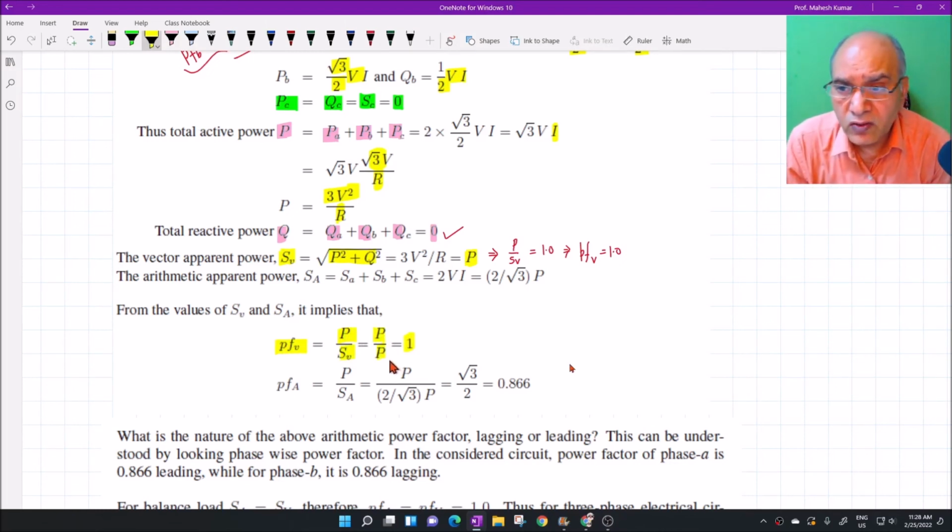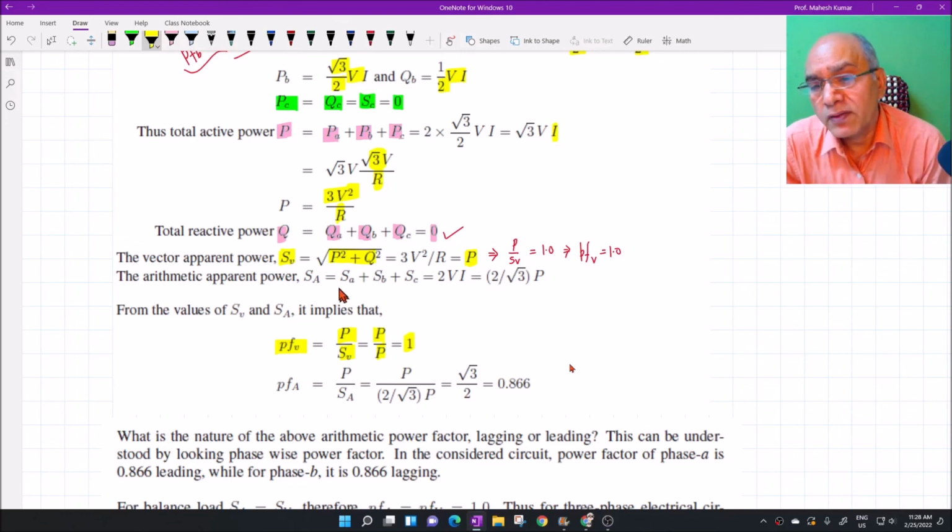Now if we find out the arithmetic apparent power SA, SA is nothing but the sum of the mods of individual complex apparent powers in phase A, B and C. Now SC is 0 obviously, so this goes to 0 value, and SA and SB are the same value.